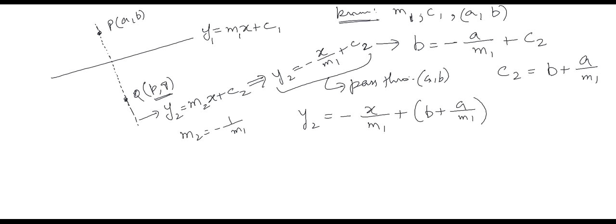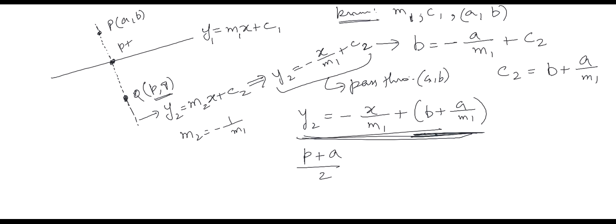Yes. Okay, so now look at here. The 2 points we are talking about all fall on this line, and this point is going to be our midpoint. Do you get that? Yes. So that means the midpoint is P plus A over 2, comma, Q plus B over 2.